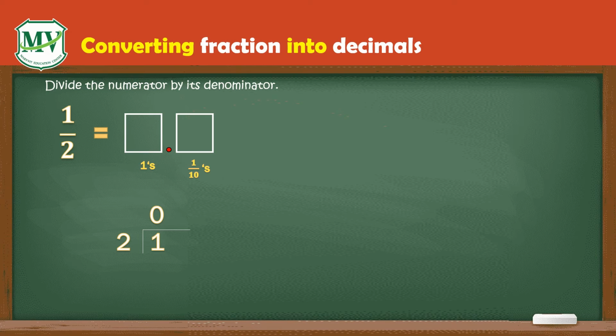Start by writing a point and add a 0. Now it looks like we are dividing 10 by 2. 10 divided by 2 is equal to 5. Before writing 5, place a point. So 1/2 is equal to 0.5.